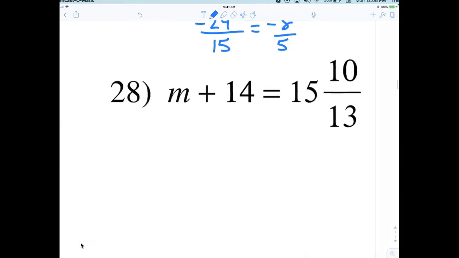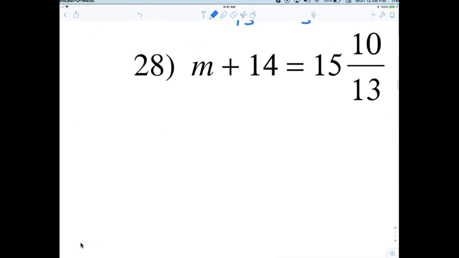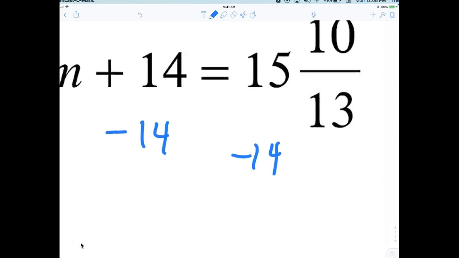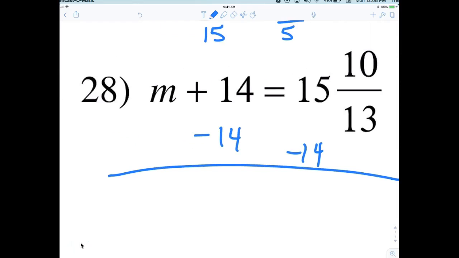All right. 28 is about as easy as it gets, right? The reason why it's easy is, pay attention. I'm subtracting 14, right? Nope. You don't have to think of it like that. Here's how I'd want you to think of it. It's 1, negative 1 and 10 thirteenths.